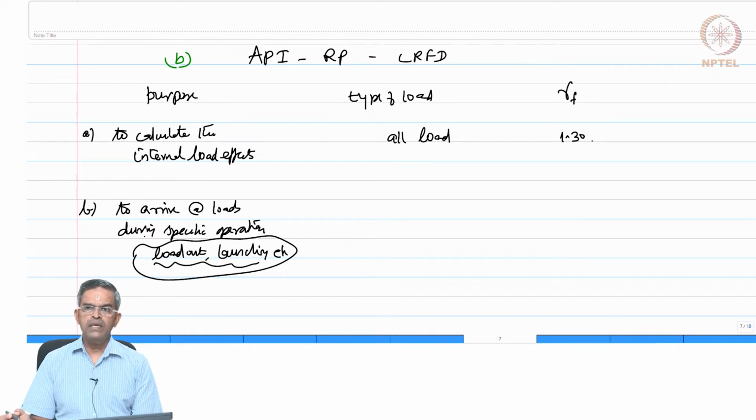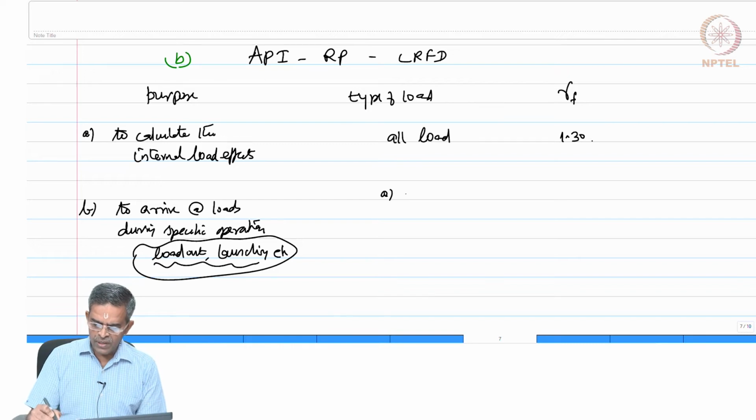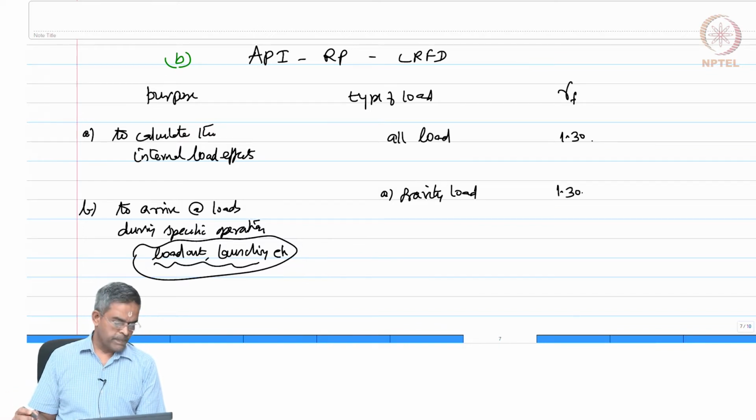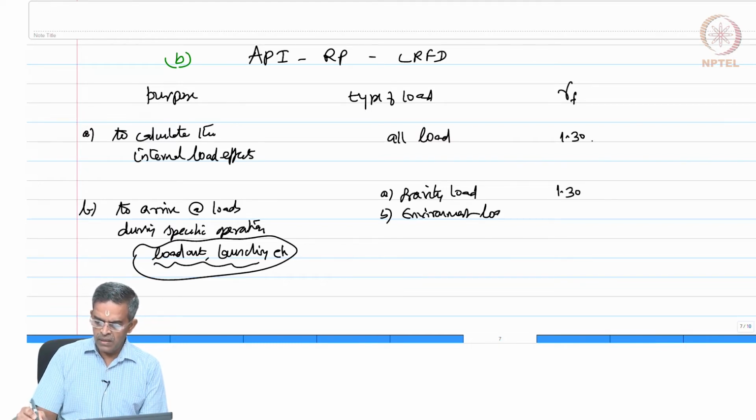So, what we learn here is these are all different specific operations happening during marine construction installation time. For that case, if you have a gravity load arising during this operation, then your factor is 1.3. If you have an environmental load arising during this operation, then the factor suggested is again 1.3.